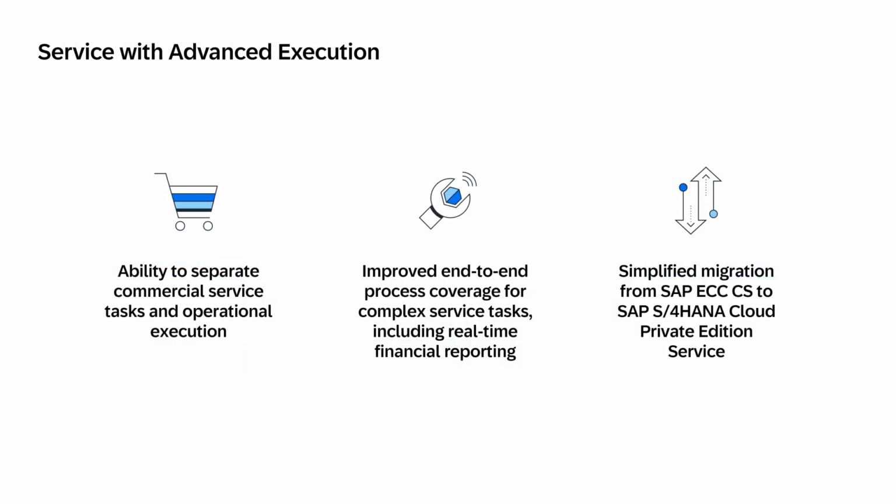A second one I would like to highlight is mostly for companies that have very complex service processes or service business. They often ask us to be able to separate or detach the commercial activities from the actual detailed planning, operations and execution.